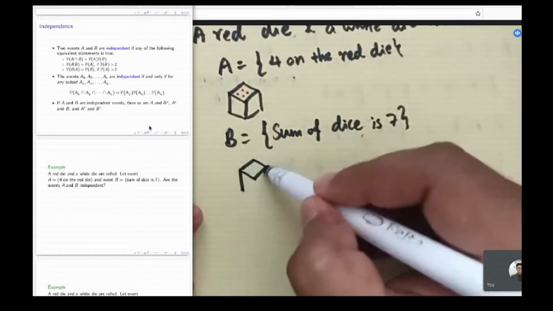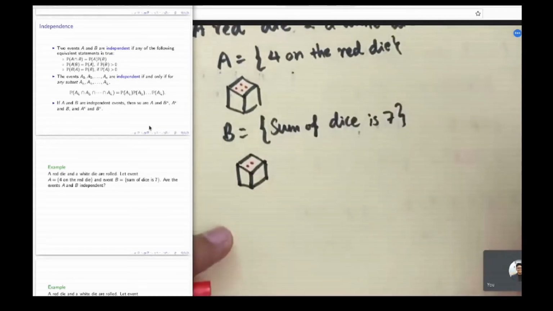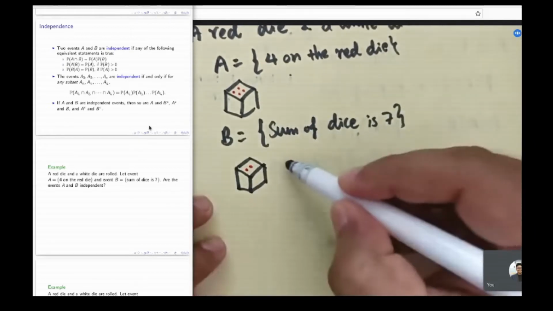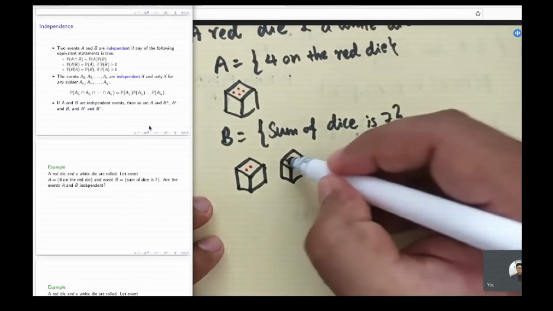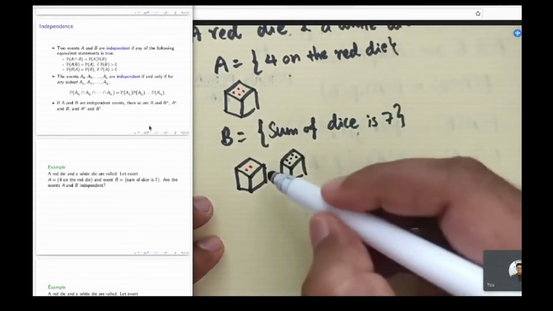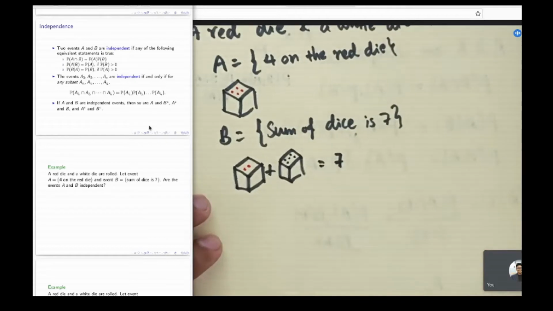Let's say that you have the red die here, and you get 2 on the top, and then you have the white die, and you get 5 on the top. So the sum of these two is equal to 7. So this is the event B.